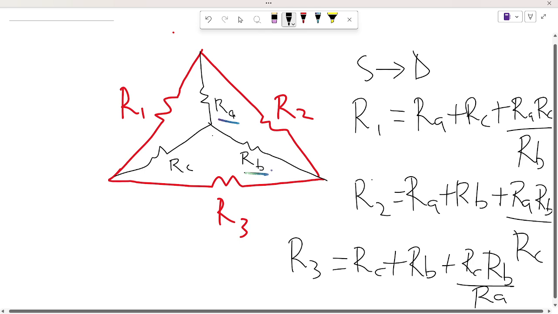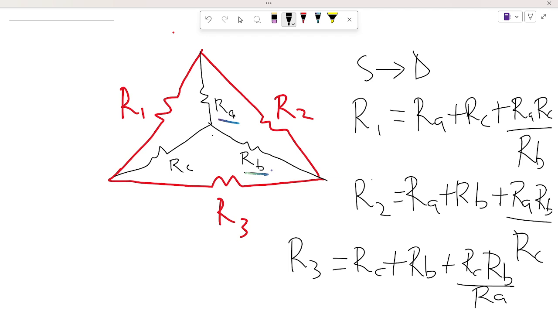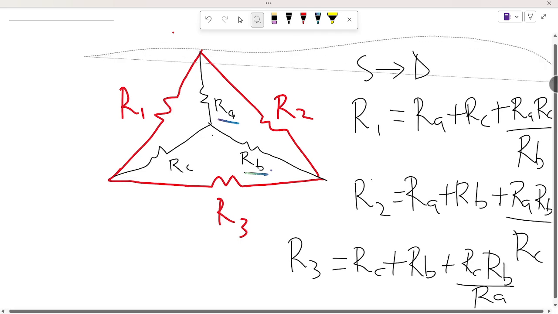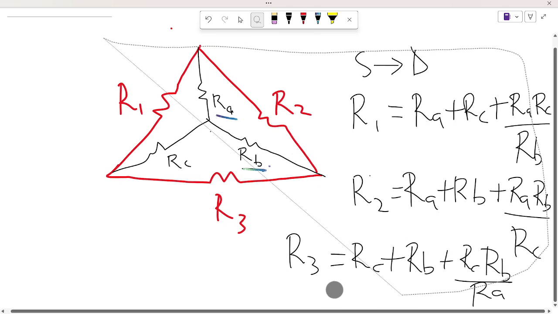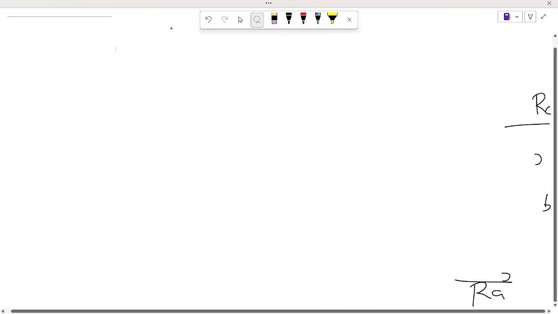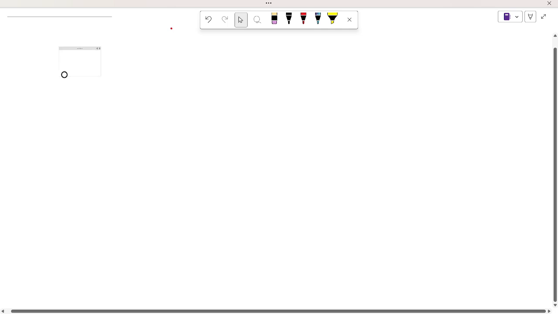Okay, so having gotten these concepts, we are going to look at a few examples that are going to help us understand all the concepts we've learned so far. Okay, so our first example.